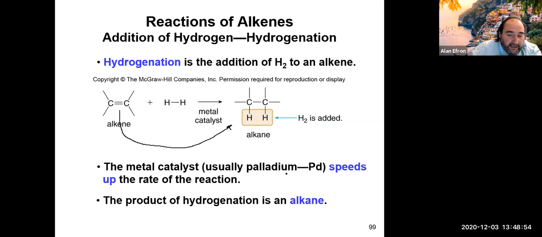Double bond's going to break, become a single bond, and one hydrogen will end up here. The other hydrogen will end up over here as well. So we go from an alkene to an alkane. Usually requires some type of catalyst there to allow this to occur.